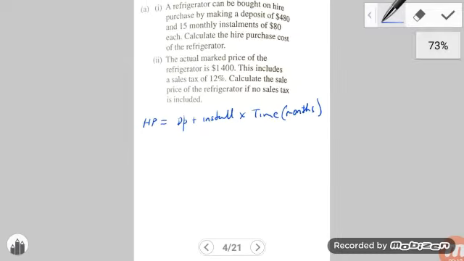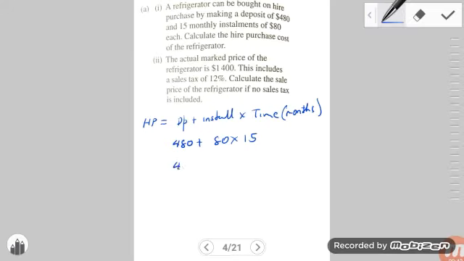So the deposit that you are to make to take this refrigerator out is $480, and the installment you're required to make every month is $80, and you're going to be doing it for 15 months. This is basically like 1.25 of a year, so that's 15 months. Since it's already in months, we just write the 15.